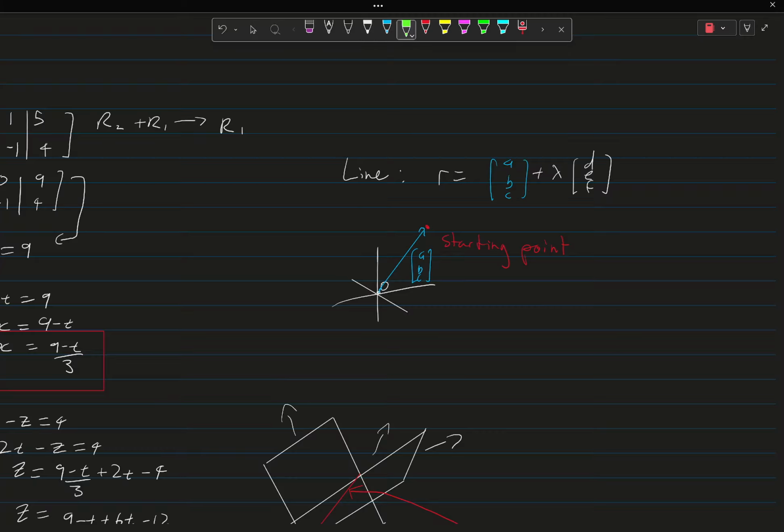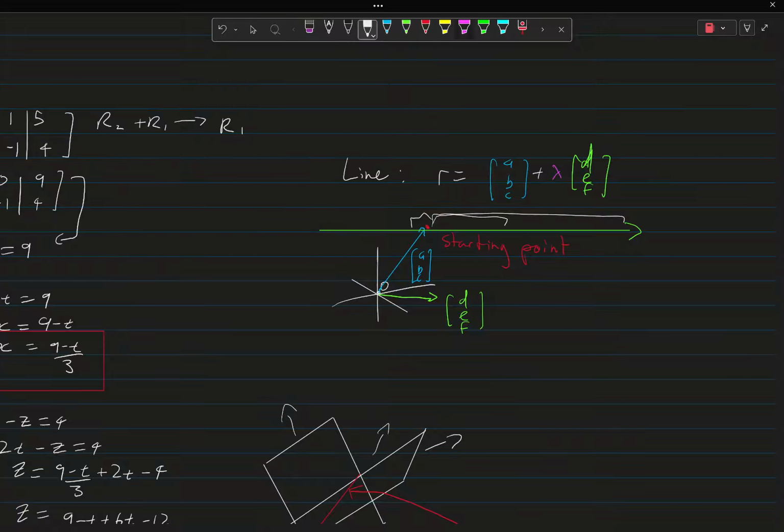And the direction vector of the line, so let's say it's going this way, that direction vector, when we have it from the origin, that is DEF. And the lambda just means that it's infinite. Like we could have any direction, any amount of magnitude of DEF. Right? Does that make sense? Yeah. Okay. Cool.